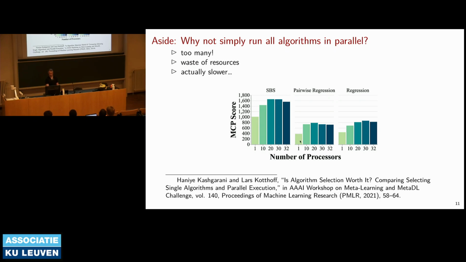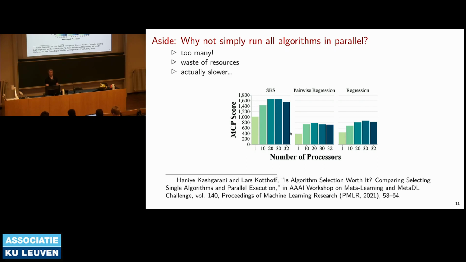On this graph, the MCP score, the misclassification penalty, we want to be as low as possible. It is essentially the penalty compared to the virtual best solver. As you can see, for a bunch of different algorithm selection approaches, and our single best solver on the left-hand side for comparison, the total penalty increases the more things we run in parallel.